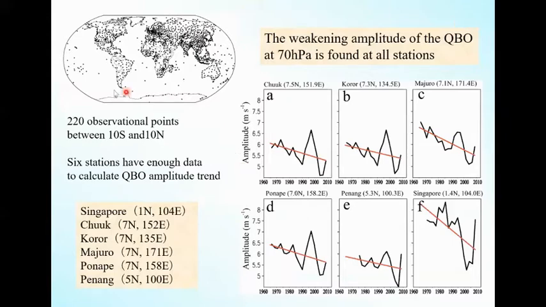Here is the map of the in situ observational points. Around the equator there are 220 observational points, but there were only 6 stations to calculate the QBO amplitude trend. But I analyzed the same thing, and I confirmed all stations show a statistically significant decreasing trend.